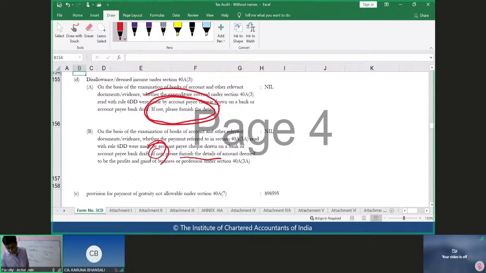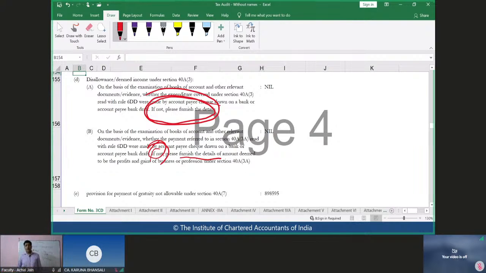Now in this case, what is it that the auditor will be required to obtain? Looking at the requirements of this section, the auditor will first of all be required to carefully scrutinize the cash book of the company. Generally in today's time, most of the companies do not maintain a cash book if they are large or medium sized.